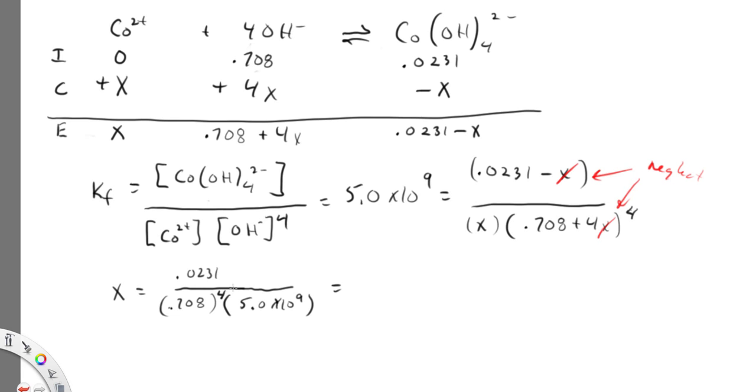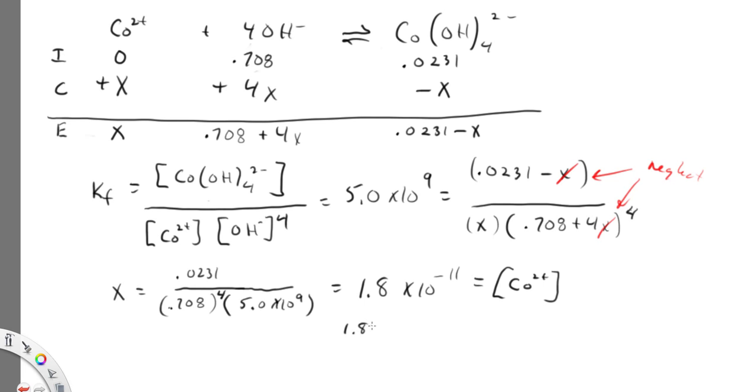And x turns out to be 1.8 times 10 to the minus 11. And that's going to equal the concentration of cobalt-2. So you can see it dropped dramatically.